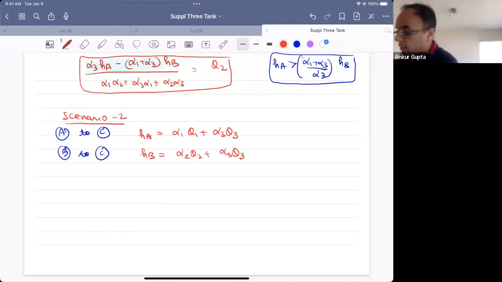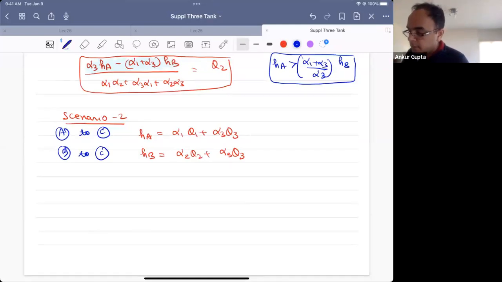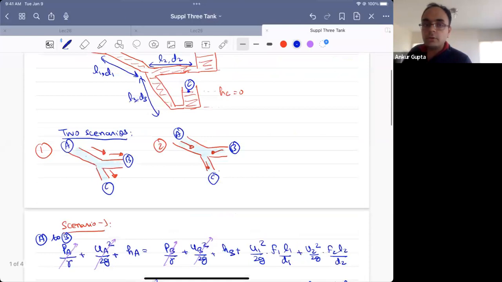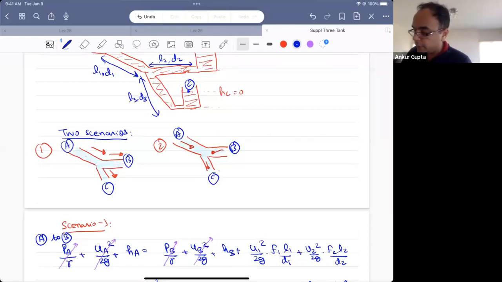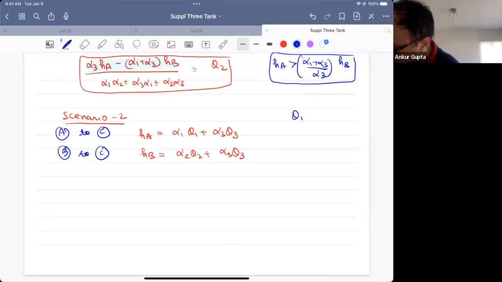And now I will not have Q1 equal to Q2 plus Q3, because I actually have Q1 plus Q2 equal to Q3. I want the two flow rates coming from A and B to merge into 3. So I will have Q1 plus Q2 is equal to Q3. Okay, so now let's do this analysis quickly. Because I want to eliminate Q1 again, I will write this as Q3 minus Q2.